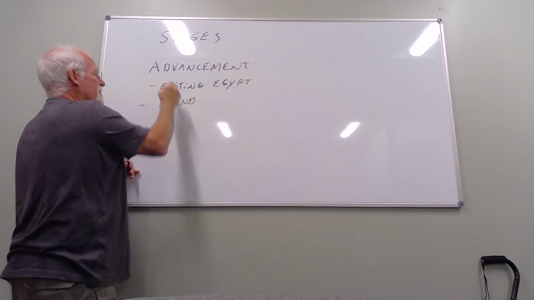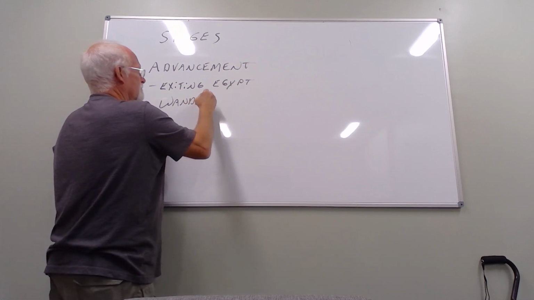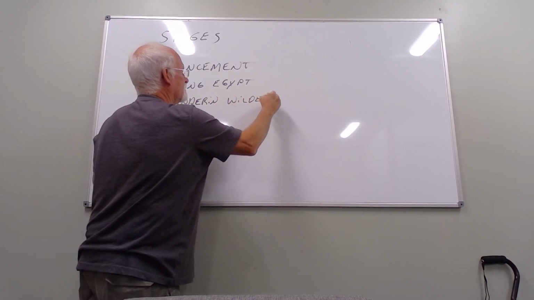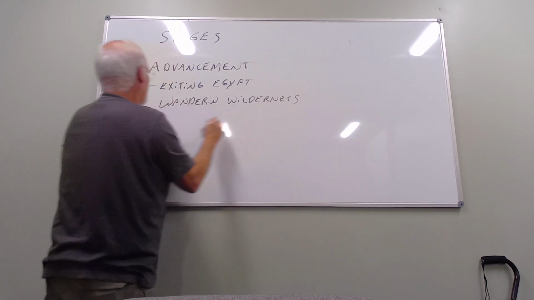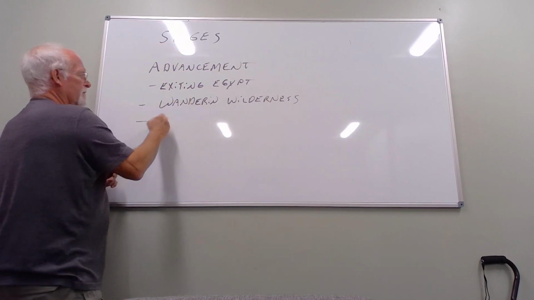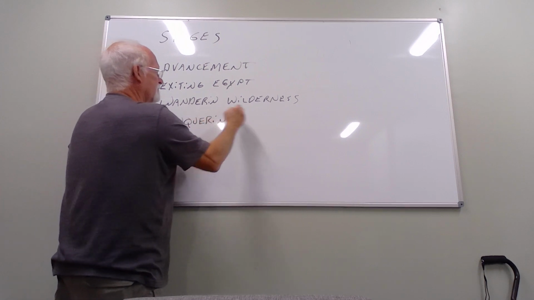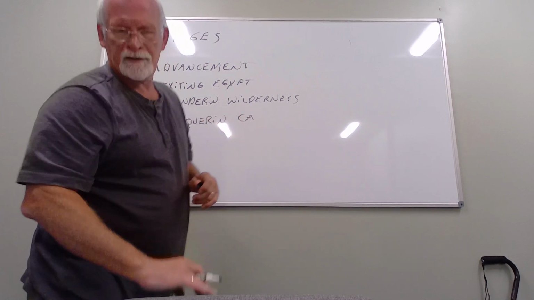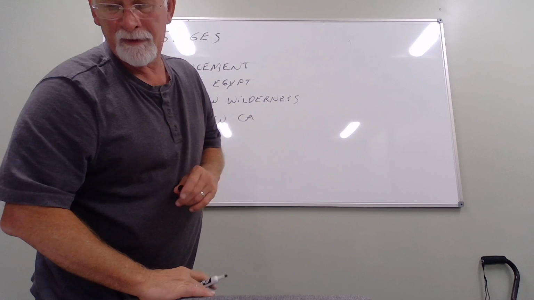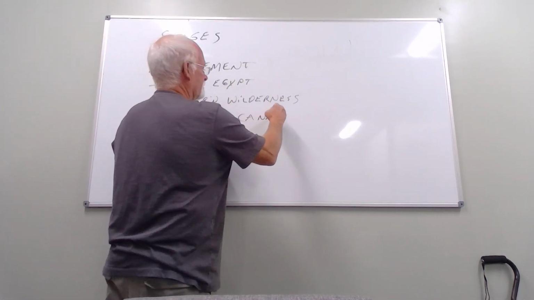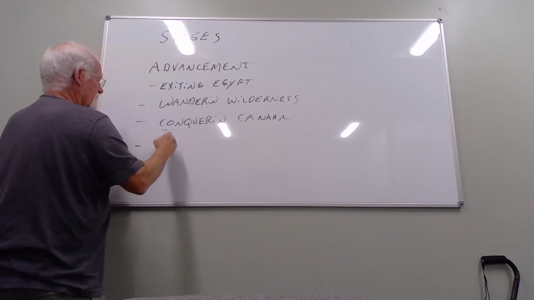These are 4 events, by the way. Wandering in the wilderness. Conquering Canaan. I never can remember how to spell that. And then Jewish judges.